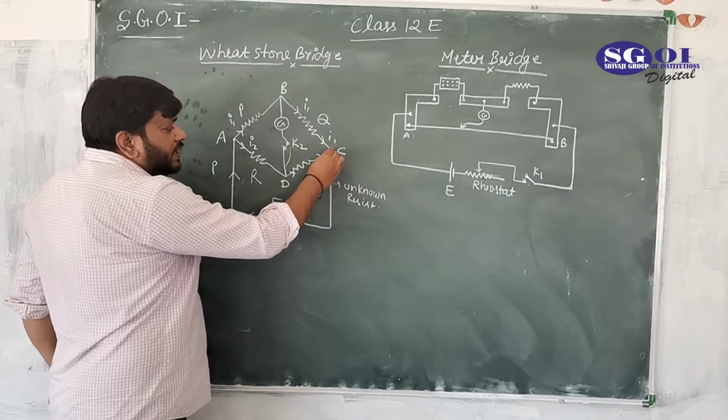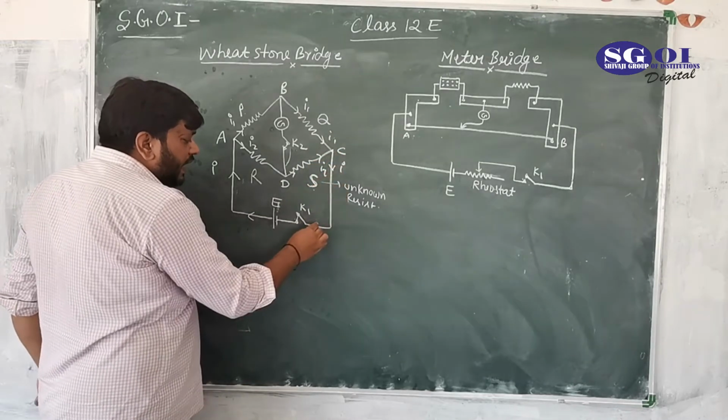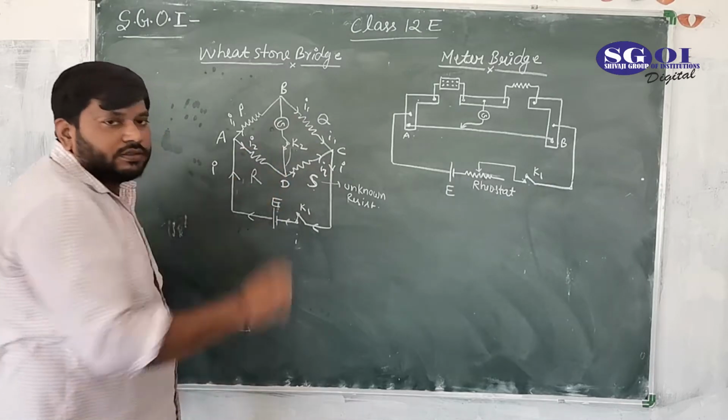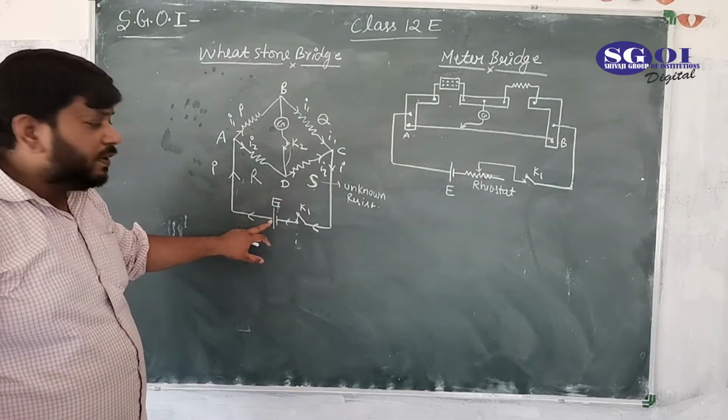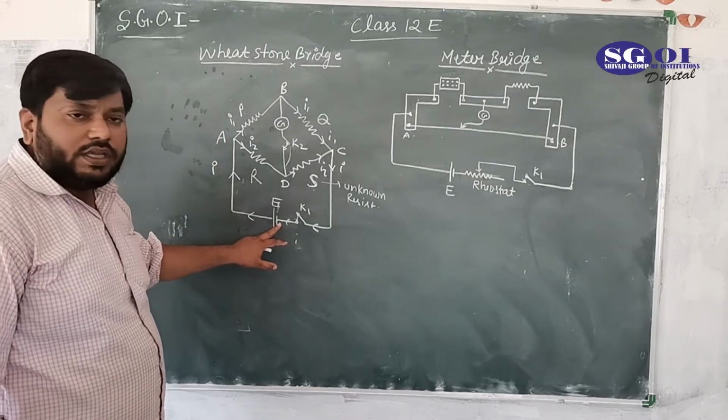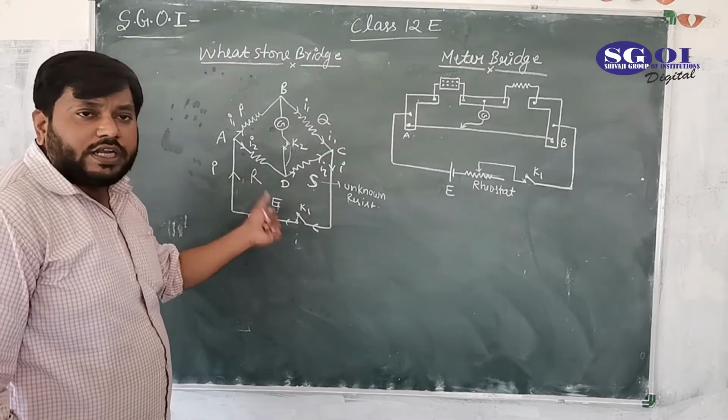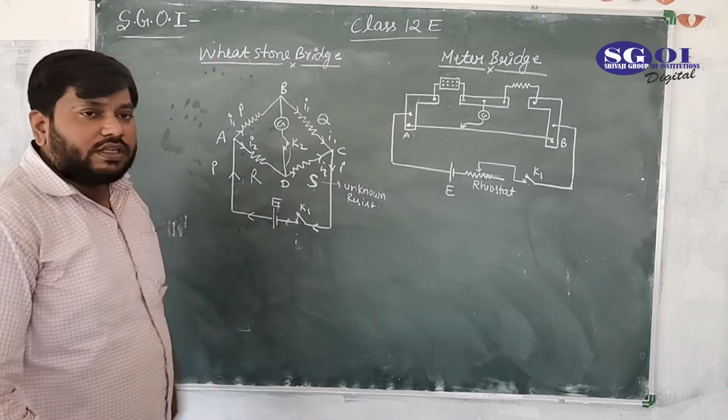Both meet at this point and again become the total current I, and the circuit is completed. Whatever current comes out of the positive terminal, the same current should enter the negative terminal.